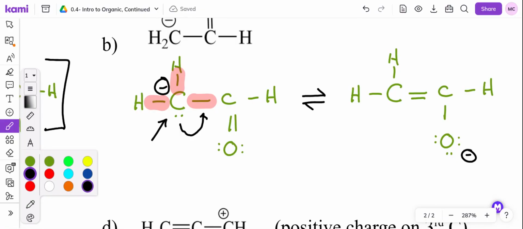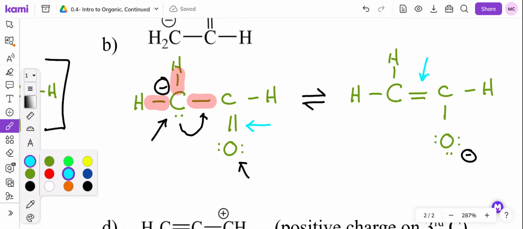So we can see that the movement of the negative charge went from the carbon on the left to the oxygen over here, because the double bond went from, let's use a different color, from here to here. So that double bond is moving around that carbon on the right.